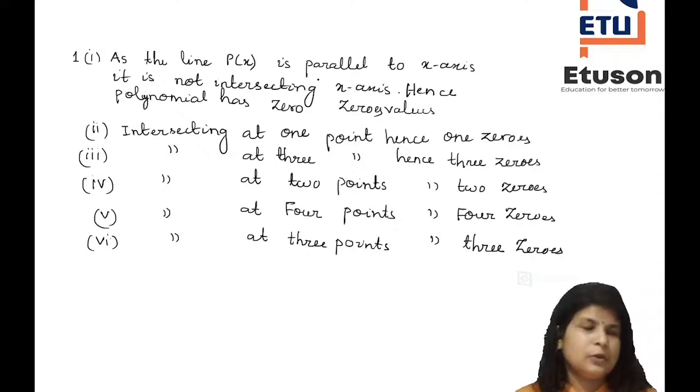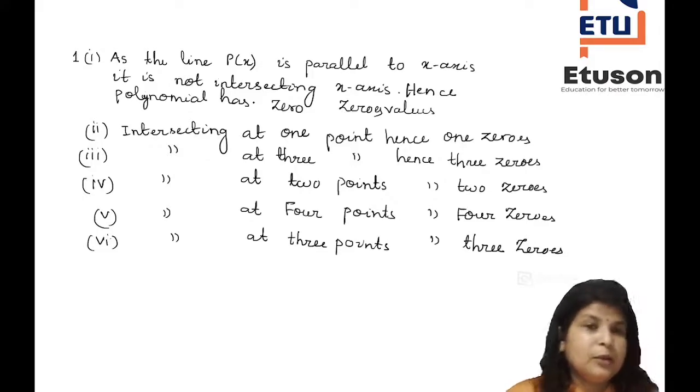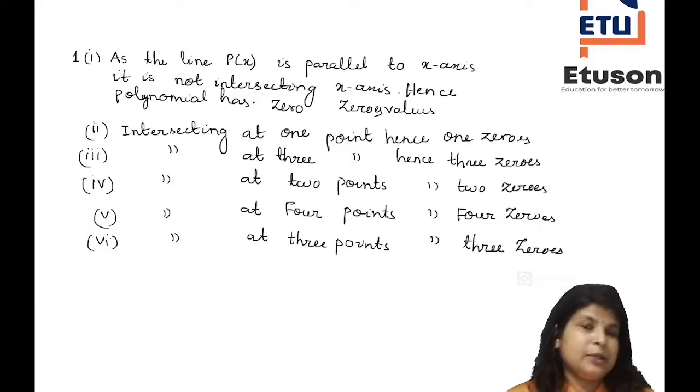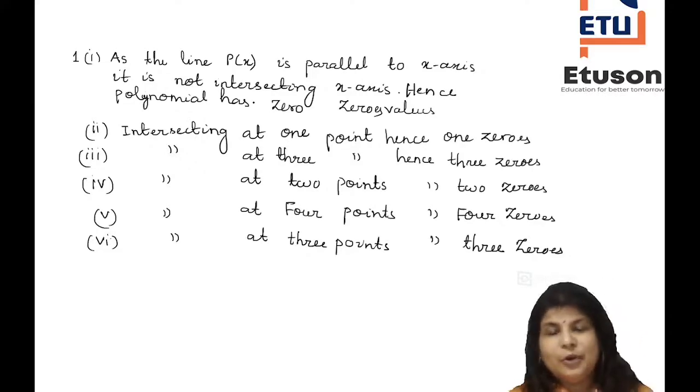Depending on how it is intersecting the x-axis, you can find out how many zeros the equation will have. And if you plot that particular point on the graph sheet properly with its coordinates, you can actually find the solution to that polynomial.